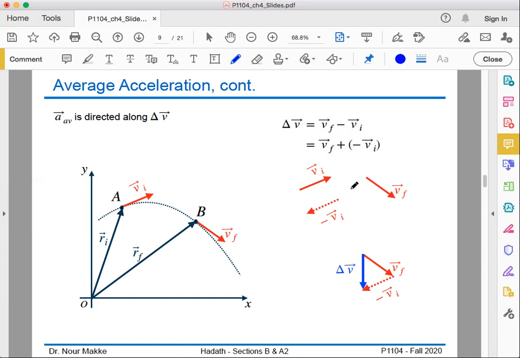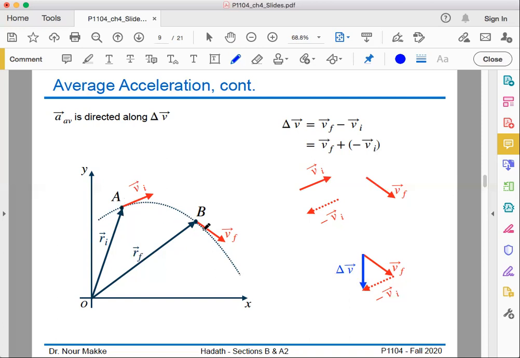All we need to define is minus Vi, which is simply Vi in the opposite direction. You change the direction of Vi and you end up with the vector minus Vi. Then all you need to do is an addition of vectors. Here is our vector Vf, you add to it minus Vi, and you end up with the direction of the vector delta V.